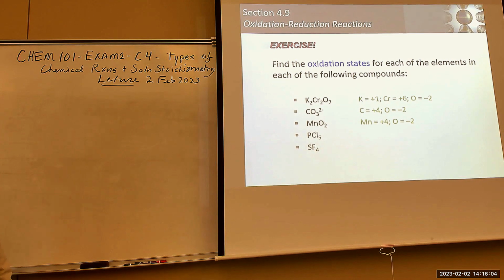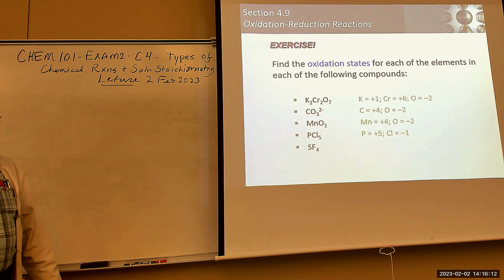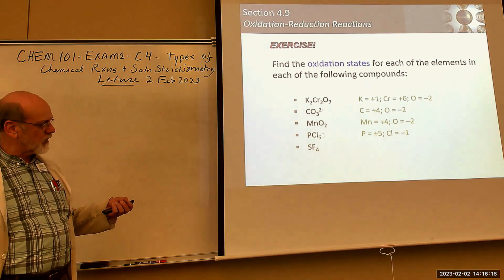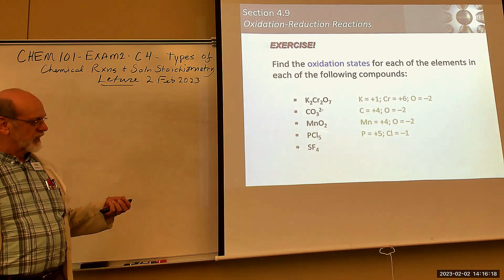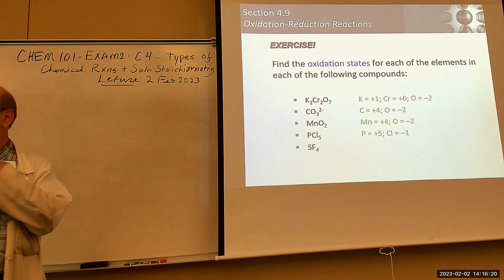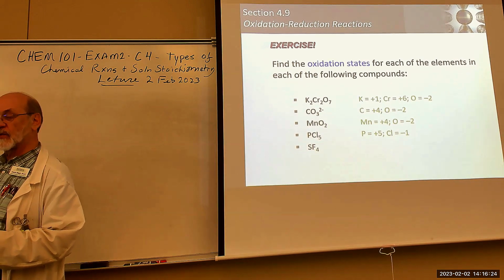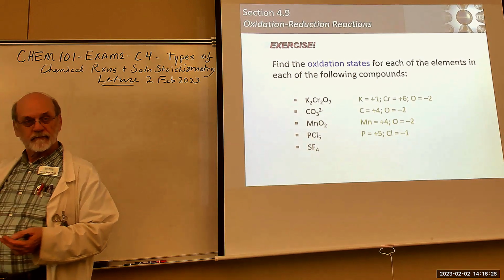Manganese 4 oxide, there you go. Phosphorus pentachloride. In this case, the best way to work out the charge is not against the chloride, but against the phosphorus. So the chlorine is going to be like its little brother. Fluorine above it, -1, chlorine to be -1.